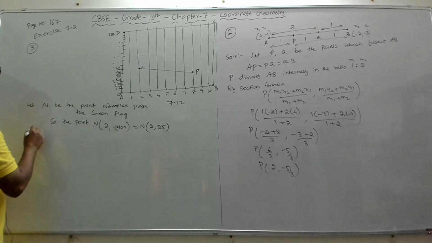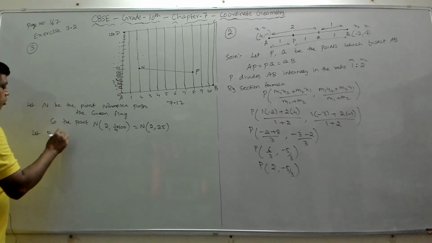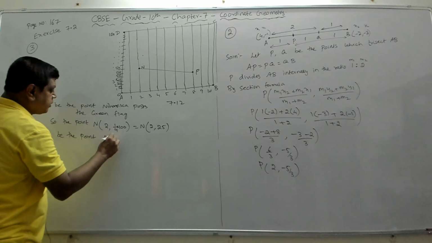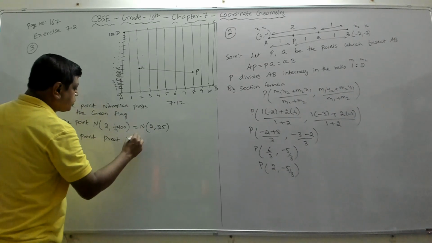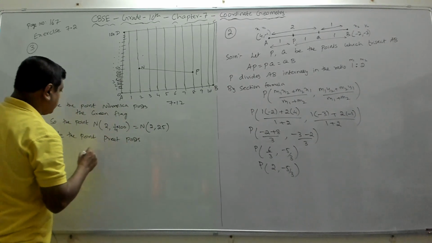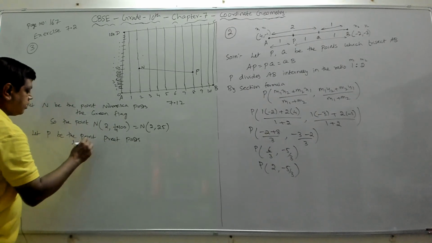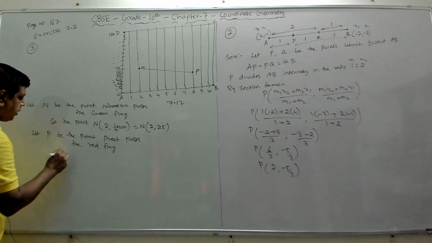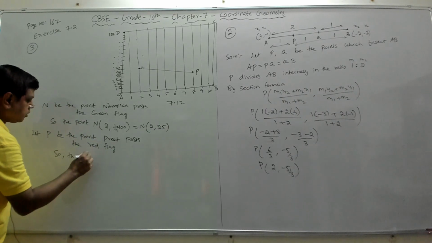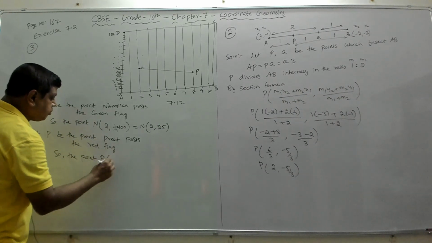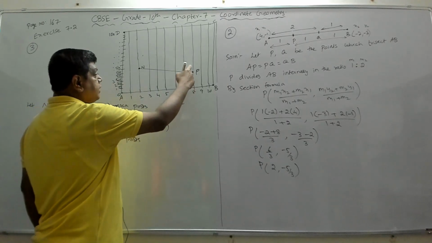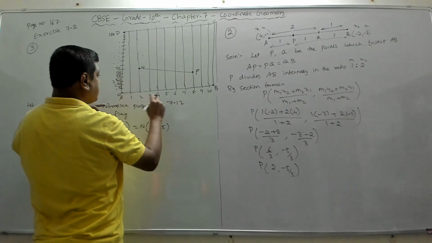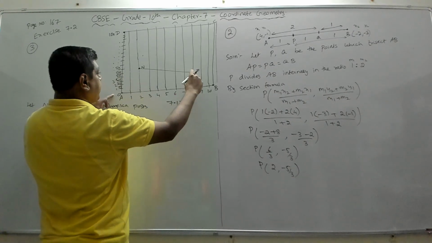Now we'll say let P be the point where Preet posts the red flag. So the point P will be what? She is running on the 8th lane. So this point will be 8 comma, if you treat this as x-axis 8 meters and y-axis this distance.